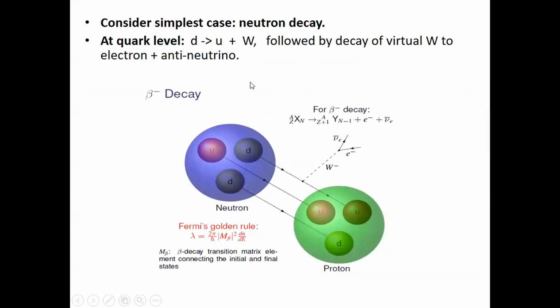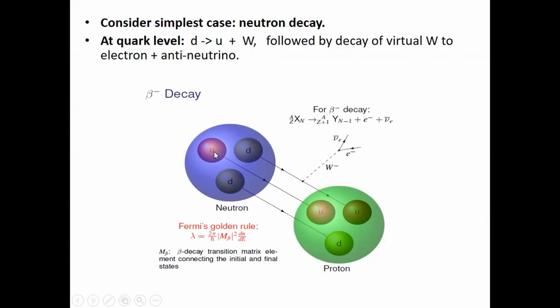If we consider today's ideas about the beta decay, they are like this. Here we see at the quark level, the down quark goes to an up quark and the W particle. So here a down quark, this is a neutron.